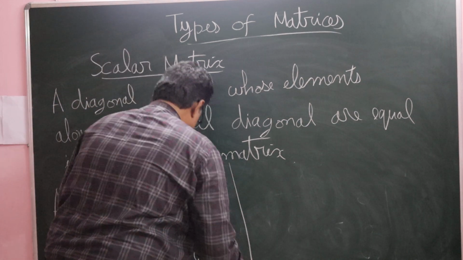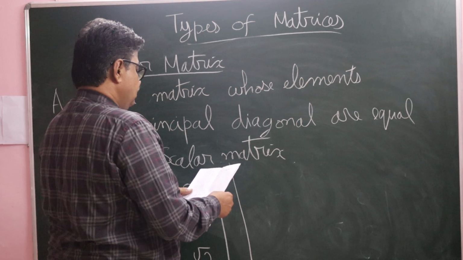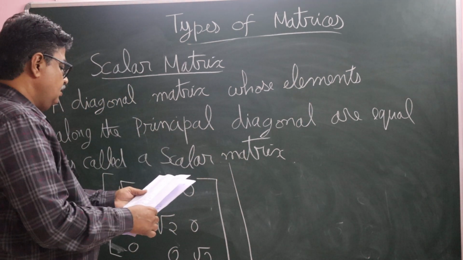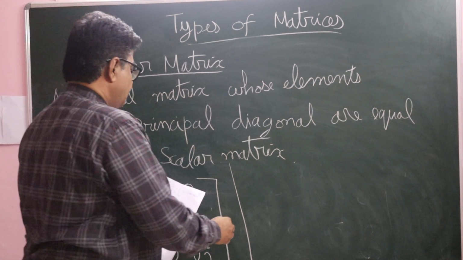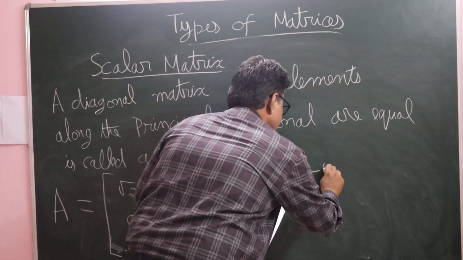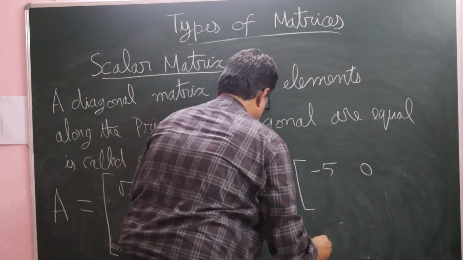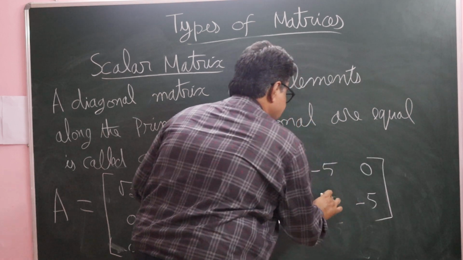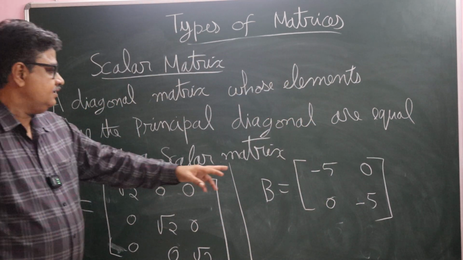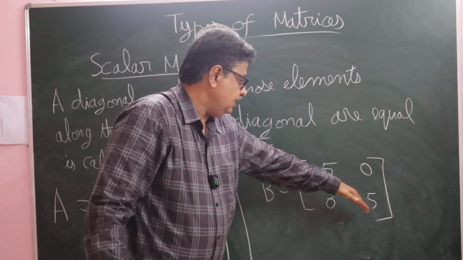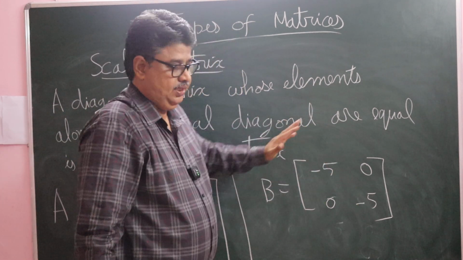Another example, matrix B. So this is also a scalar matrix because the elements along the leading diagonal are equal.